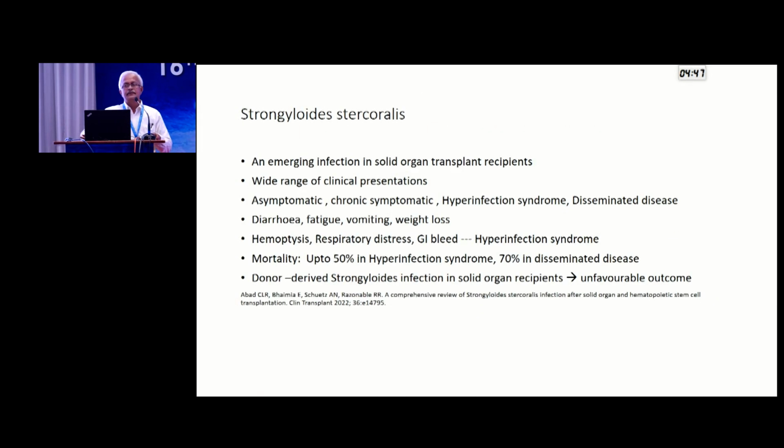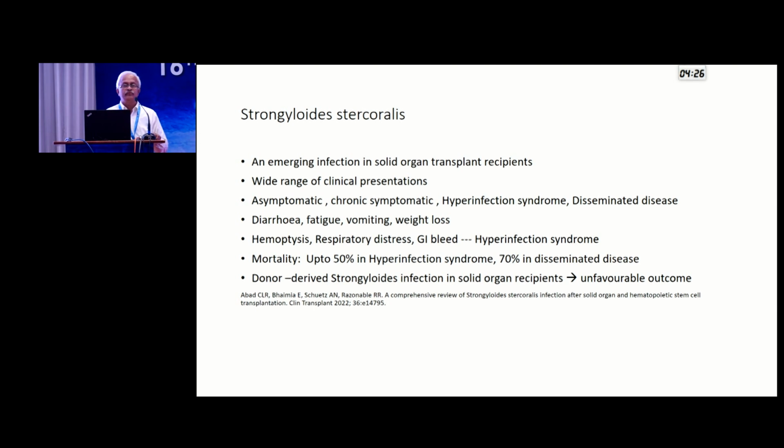Strongyloidiasis. Again, this is termed an emerging infection in the transplant scenario. There's a wide range of clinical presentations, starting from chronic asymptomatic infection to mildly symptomatic or chronic diarrhea.